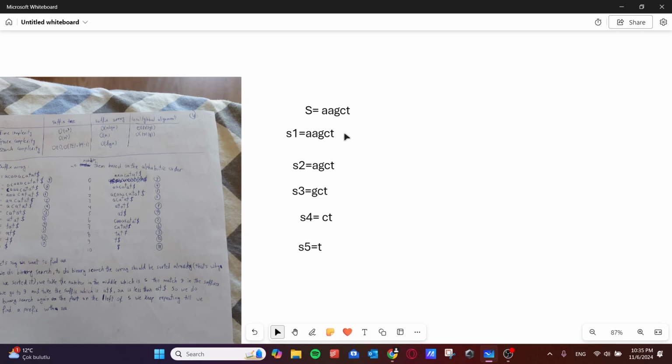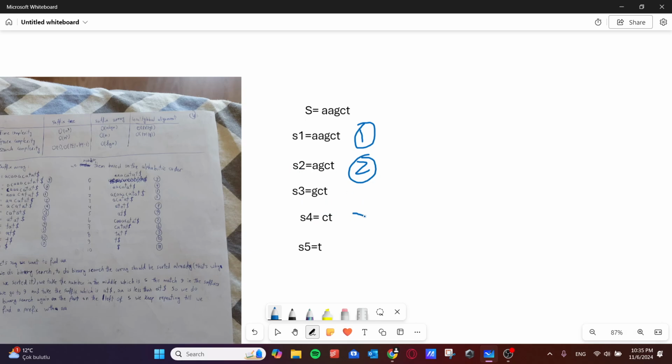Now we number them based on alphabetical order, okay? The first one will be AA, because it's obvious, it is A then A. So this one will be the first one. The second A we have is S2.